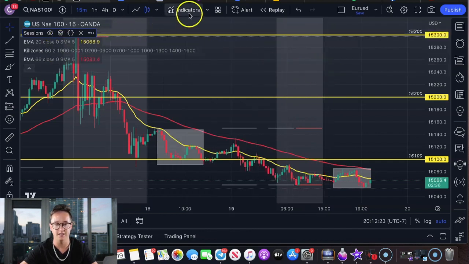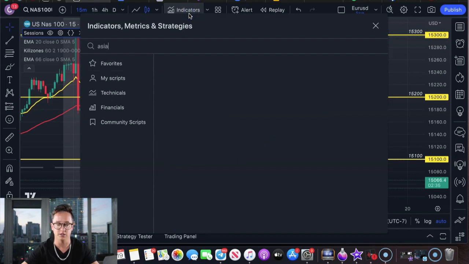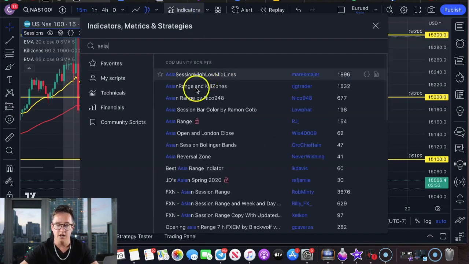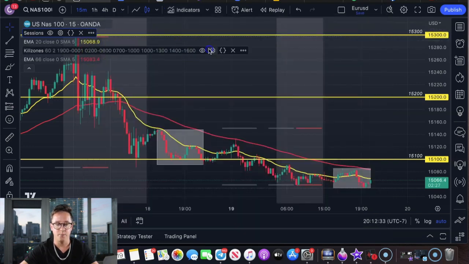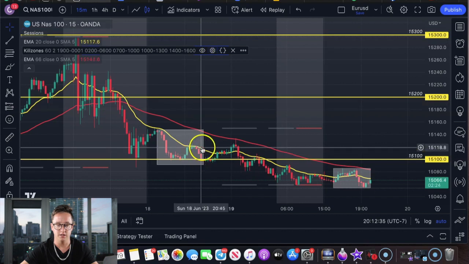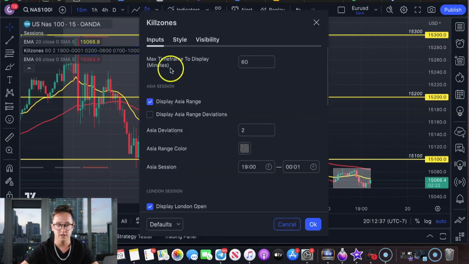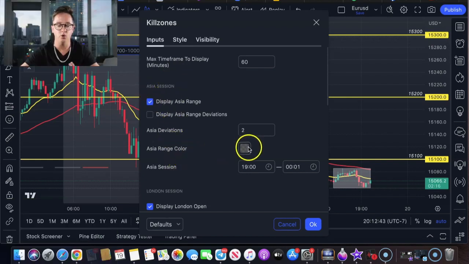Now the next one is the Asia range. So just type in Asia, and it's going to be the Asia range and kill zones. This one right here. And then once you get it, it's going to look like this. We can see the inputs. All you need to worry about is the Asia session right here. The Asia range colors, all you need to worry about.